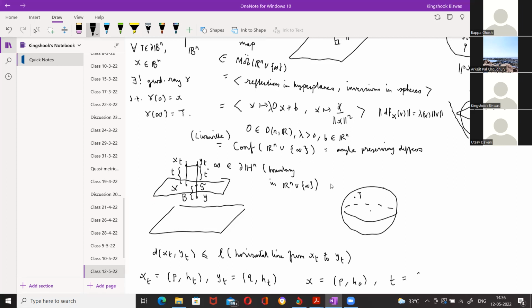So that is equal to the integral from 0 to t of dy by y, well, the height is going from h0 to ht, so it should be the integral from h0 to ht of dy by y. Yes, this is the hyperbolic length. So this is log ht by h0, right?